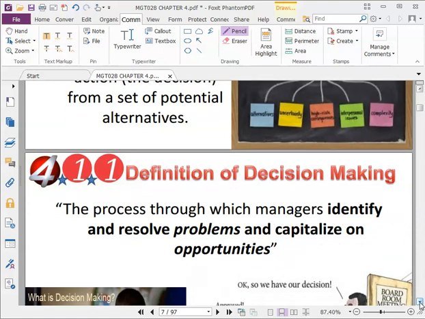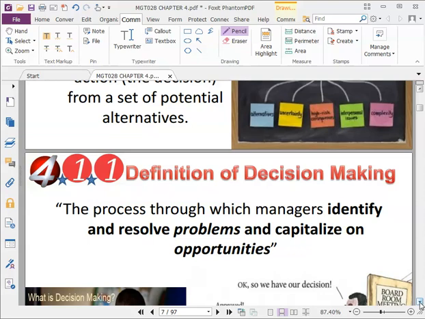Okay, the process through which managers, the middle management, identify and resolve problems and capitalize on opportunities. Okay, dia yang akan menyelesaikan masalah yang timbul dekat dalam sesebuah organisasi, and capitalize on opportunities.